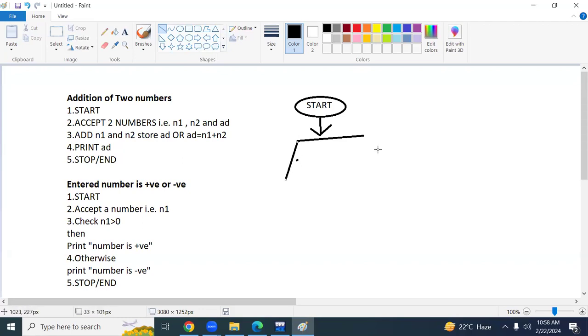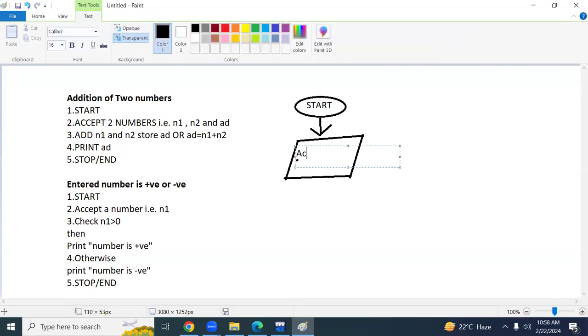I'm just trying to show you. So this is a parallelogram. Here I need to write: accept two numbers, n1 comma n2, and for storing purposes we need one more variable, that is ad.